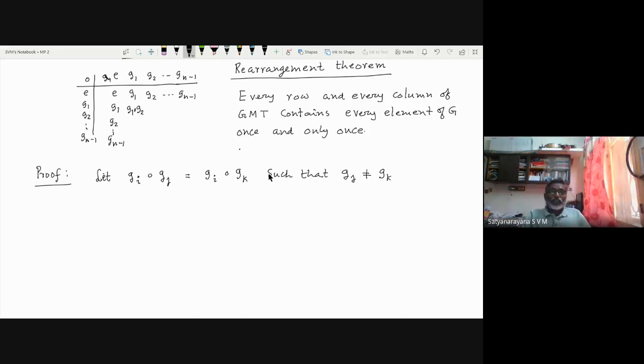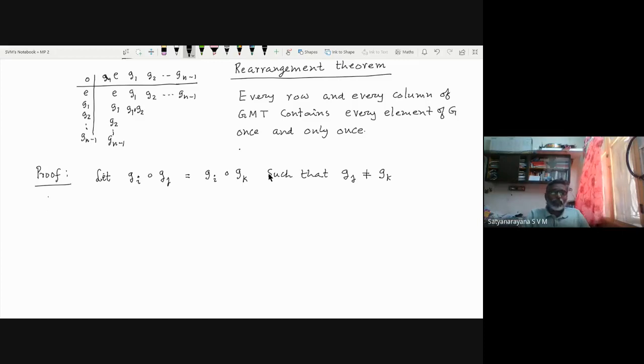When you compose with Gi, both of them give the same result. That means in that row, that element will occur two times. Whatever the element is, Gi Gj is the same as Gi Gk. This is our assumption.